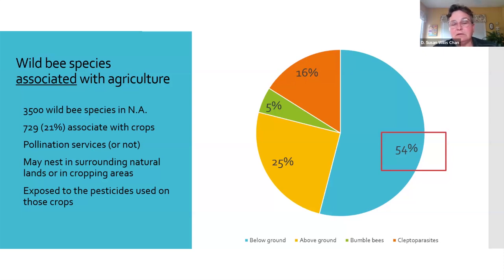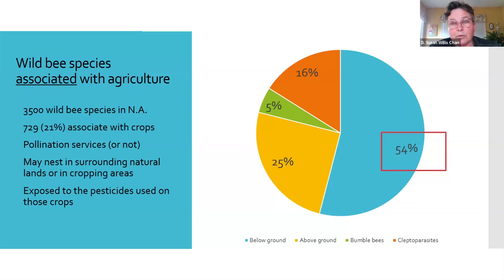Many of these bees nest in surrounding natural lands around farms, and they also may nest within cropping areas. And because the bees are associated with these crops, they are likely exposed to the pesticides used on those crops. So this is a different kind of a lens, right? We're thinking about crops in terms of bees, not bees in terms of crops.